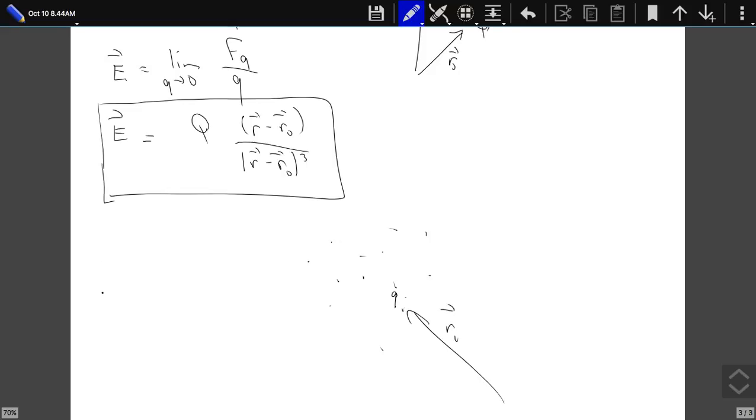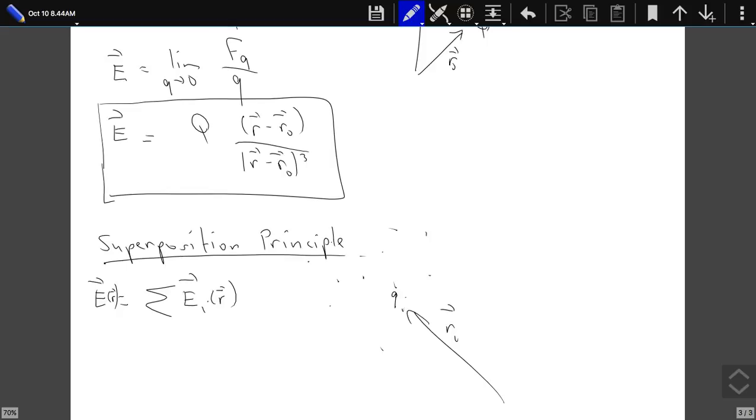The electric field created by this system of charges is nothing but the sum over all of them, the electric field at the point R. This is what we call the superposition principle for the electric field.